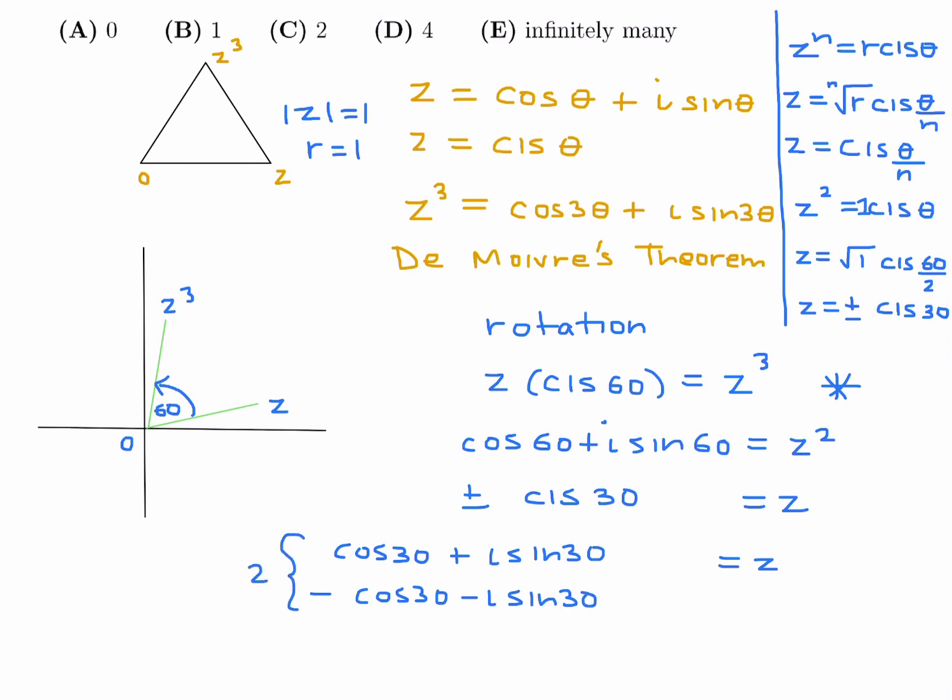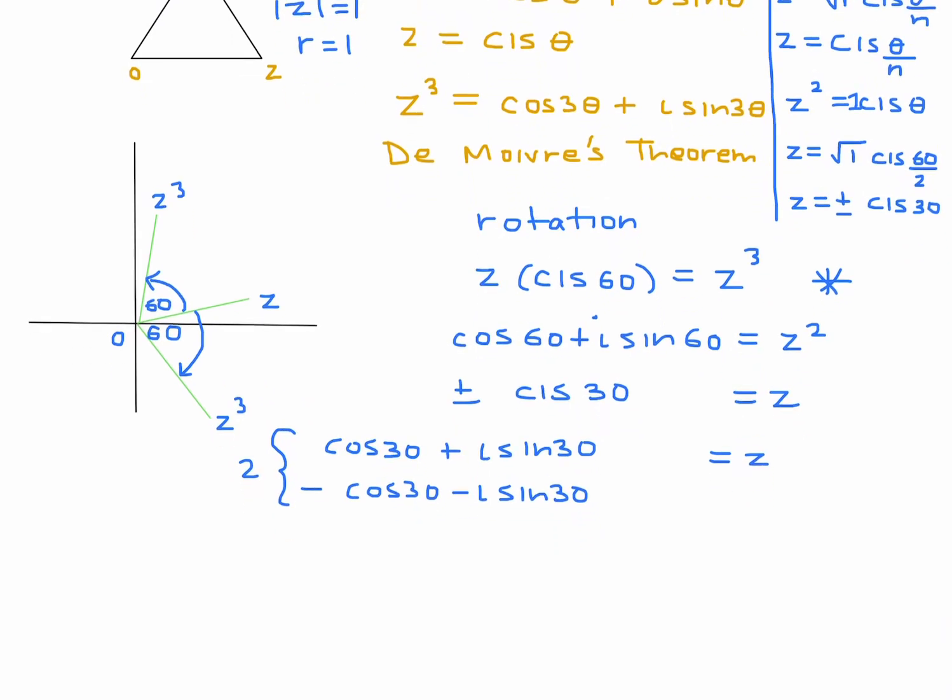But there's another way to draw the z to the power of 3. It can be 60 degrees in the other direction, like that. So it could go this way also. So this would be z to the power of 3 here, where this is 60. That angle from there to there. And when you do that, you get the following rotation.